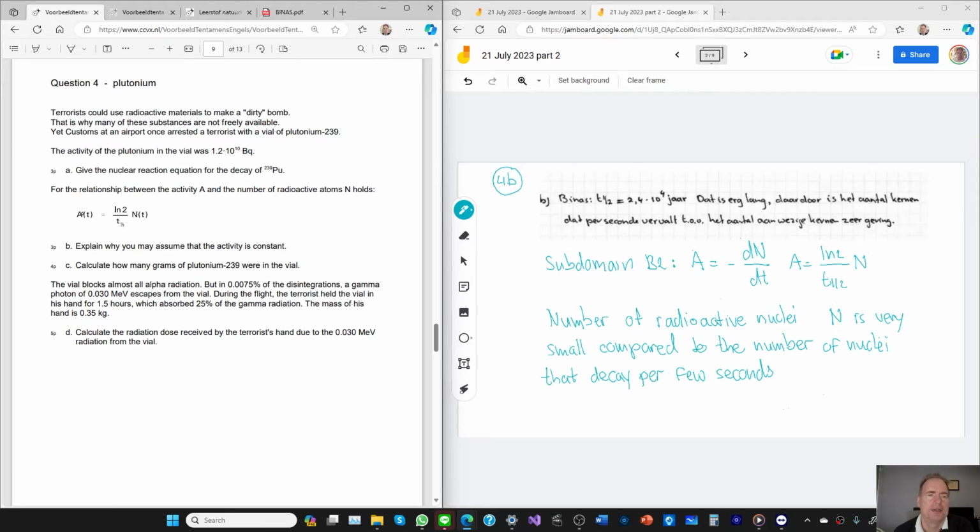If you have more, your activity will go up as well. And then there's another constant, the half-life T1/2. If you want to derive this equation, you just take the definition of activity, namely the change in N over time. So how many nuclei are decaying per unit time? And with some math, you find the equation here.